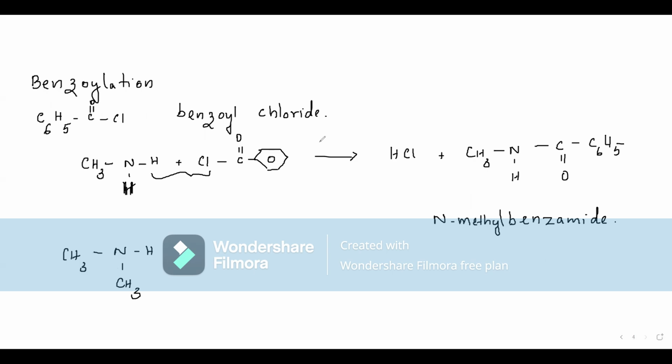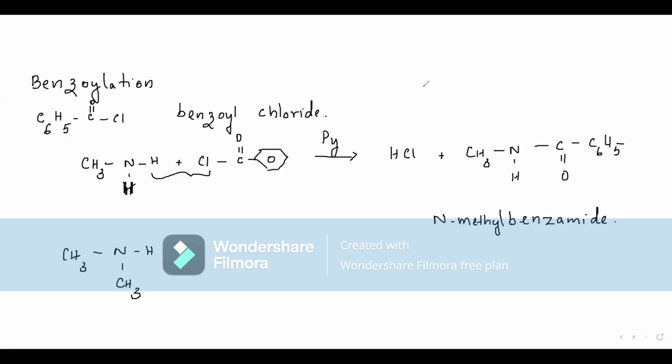So in every acylation or benzoylation, presence of a base is very important: pyridine or at least write a base. Suppose a give-reason question is asked, why do we need a base or pyridine precisely in acylation?